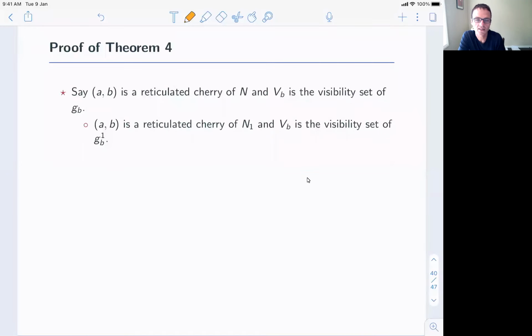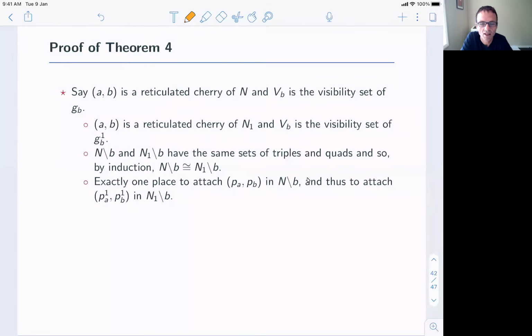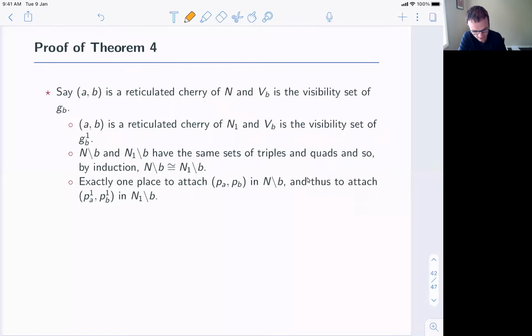So this is just what I've just said. AB is a reticulated cherry of N1, B's visibility set of the grandparent of B. These are isomorphic when I delete B, the same triples and quads. Exactly one place to attach PA and PB. So that's fine.